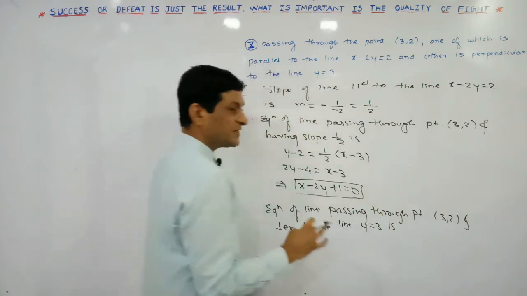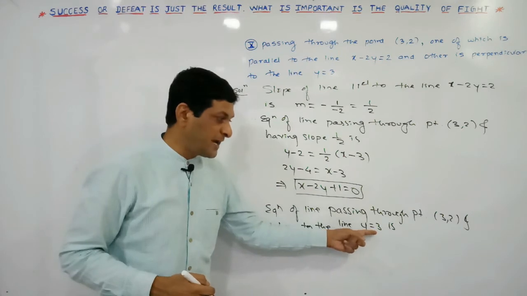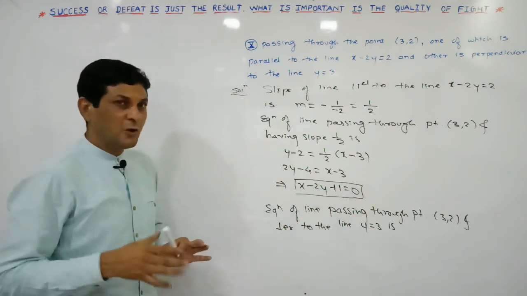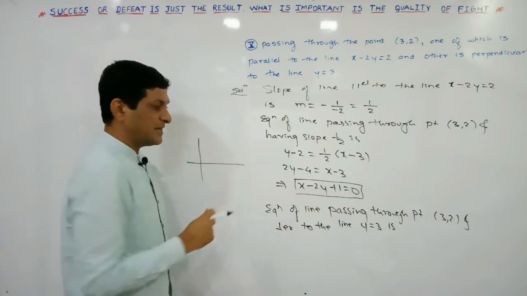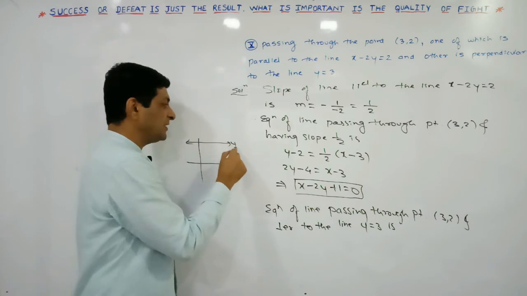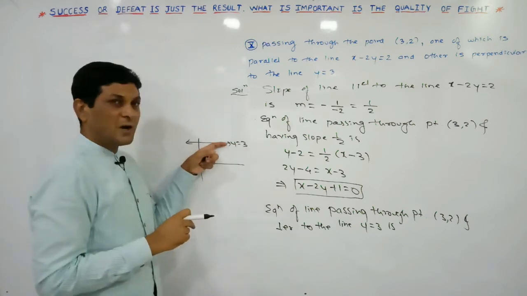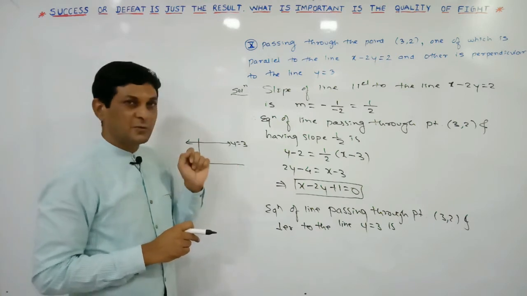So let us find the equation of our required line which passes through this point and is perpendicular to this line. Now observe the condition very carefully. Here the equation of the line is given to us, y is equal to 3. Y is equal to 3 means this line is parallel to what? The x-axis, because the equation is in the form of y is equal to a constant.